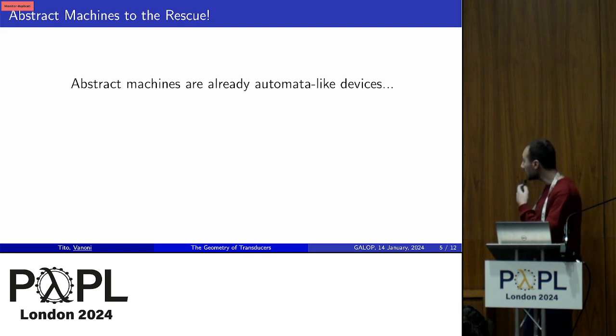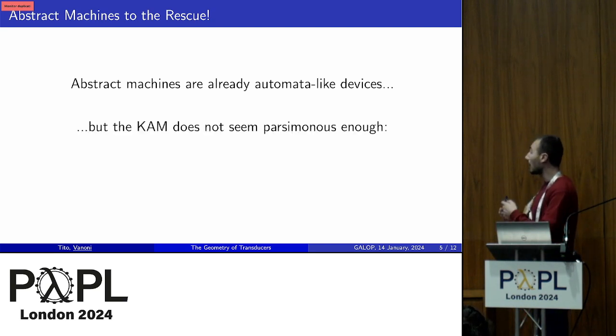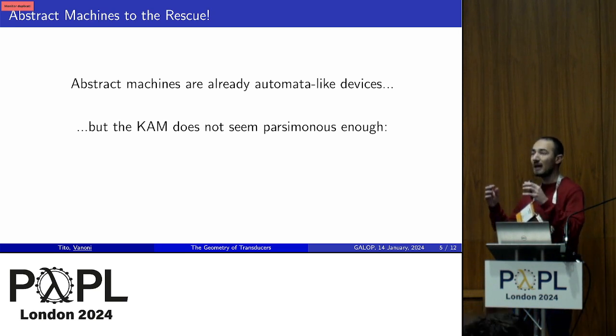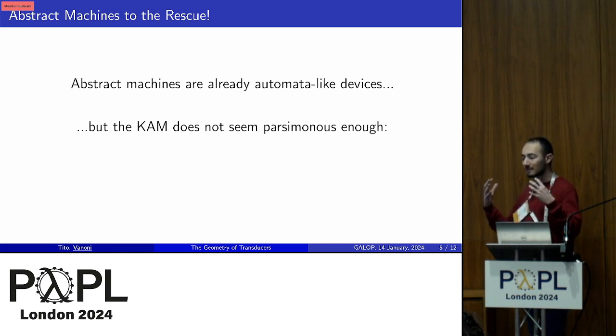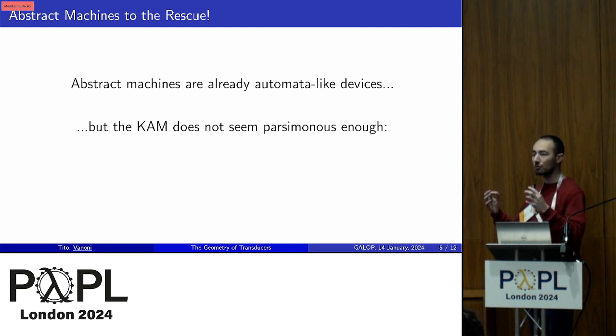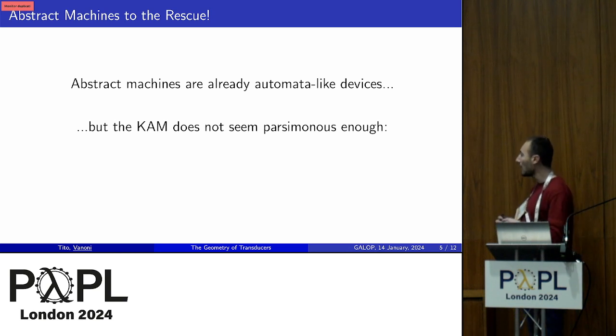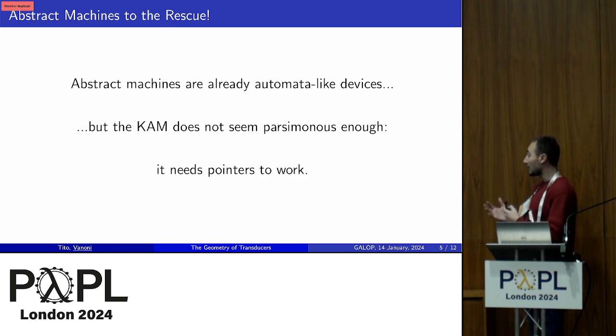So, the Krivine abstract machine in particular does not seem parsimonious enough, because at the heart of the Krivine abstract machine there are pointers, and we need to save all these pointers in the environment, in the stack, and so we need to have all this memory, and it's very difficult to think about a restriction that makes this memory finite or something like finite plus a stack. So Krivine does not seem the right tool because it needs pointers.